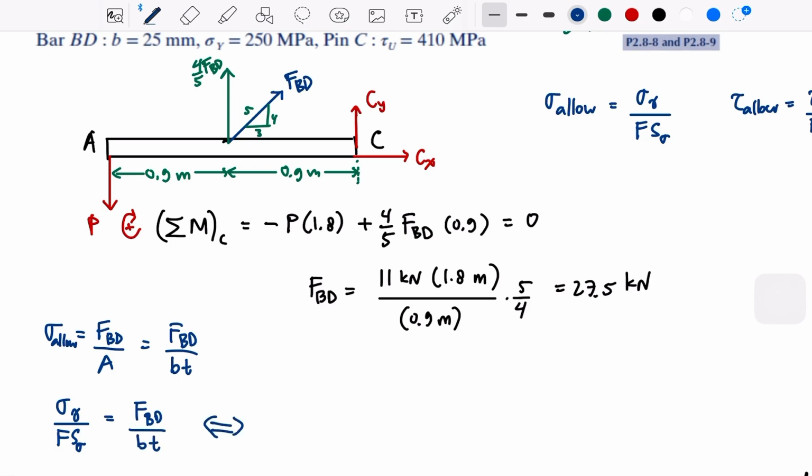And then from here we get T is FBD divided by B, and then multiply with the factor of safety for sigma divided by sigma yield, right? Okay.